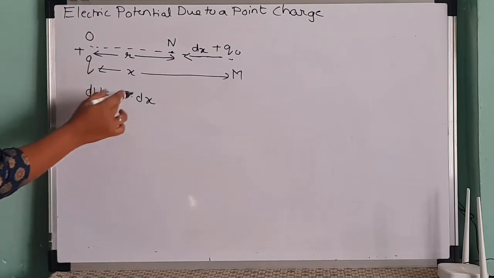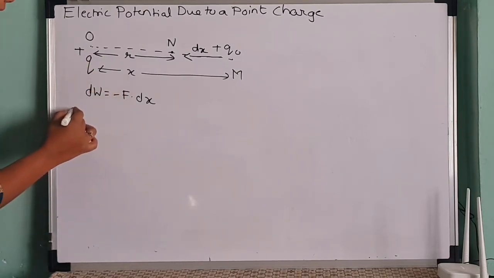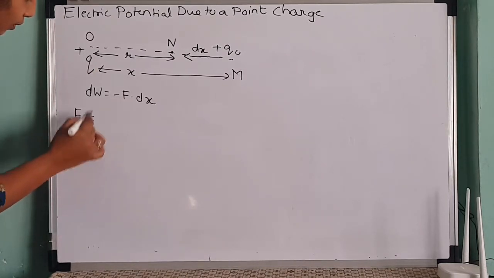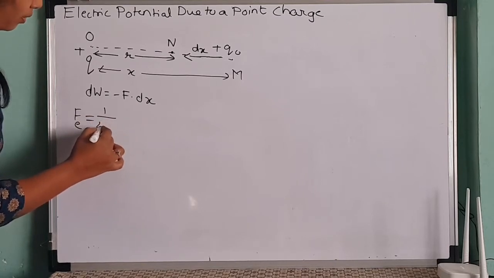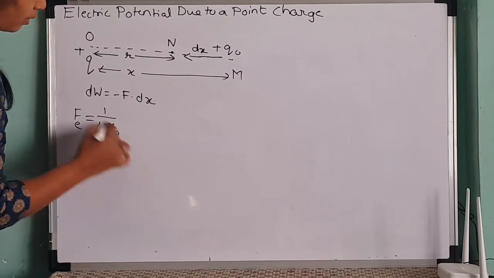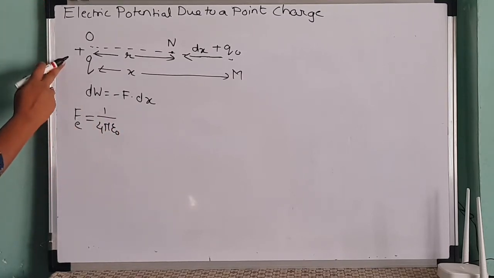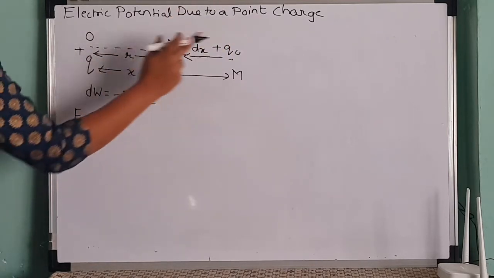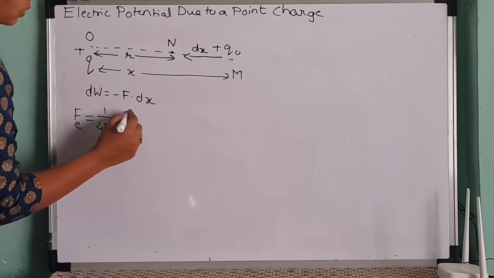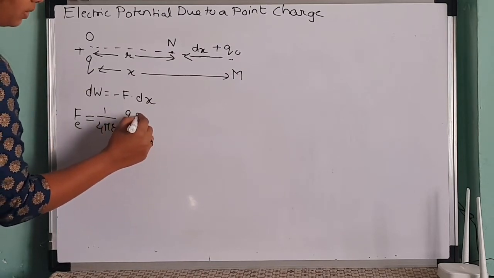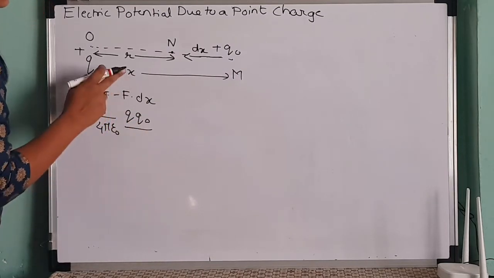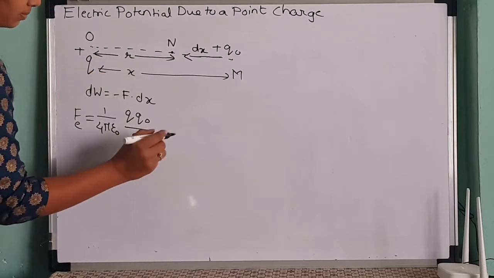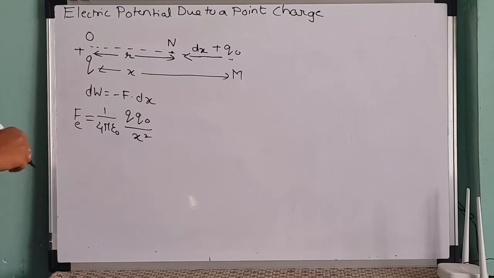Now let's write the Coulomb force F. The Coulomb force, which we can say is the electrostatic force, is written as 1 upon 4 pi epsilon naught, the product of the two charges, Q and Q naught, upon the square of the distance between them, that is x square. So this is my force.